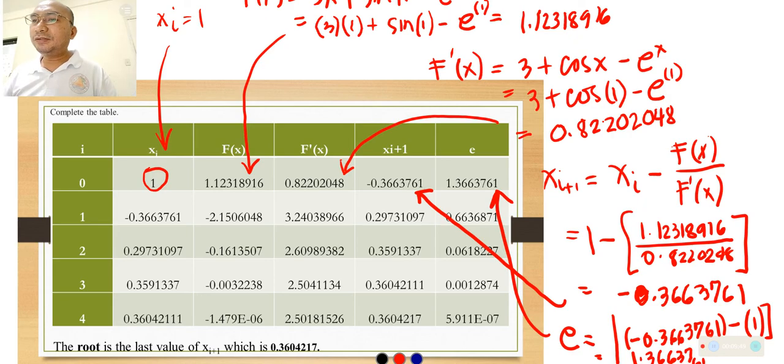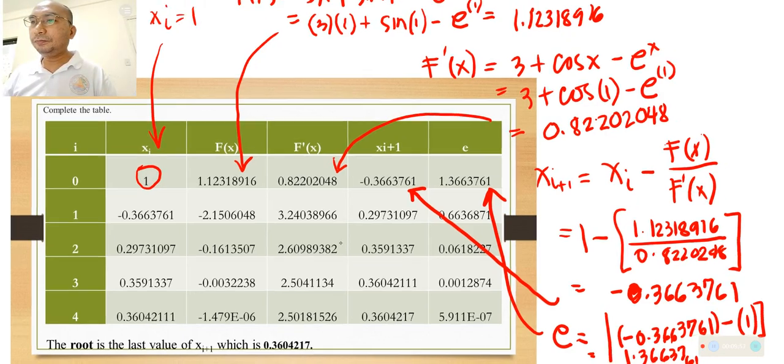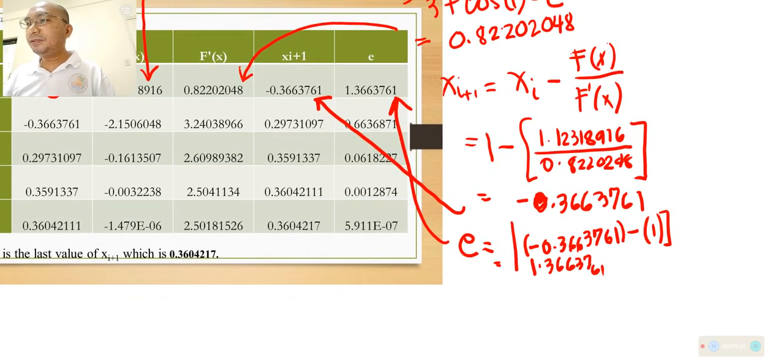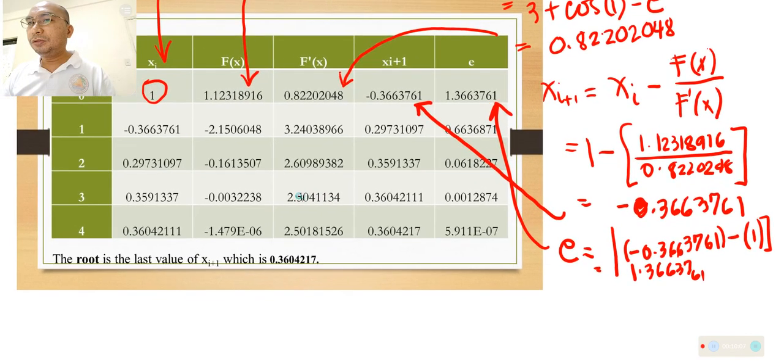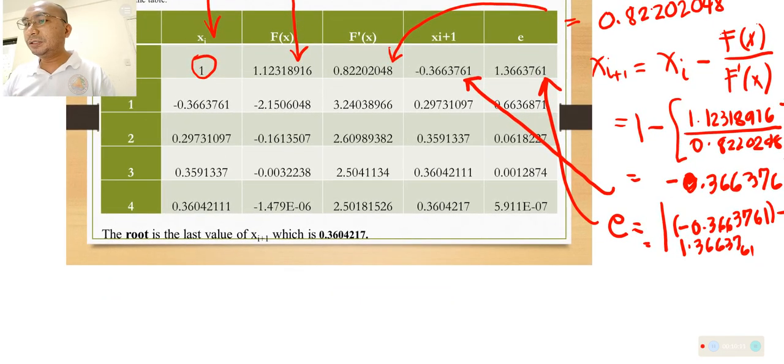So you just have to repeat the process, filling up all the columns until we reach the required error.